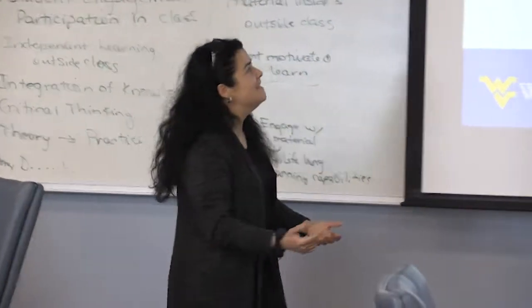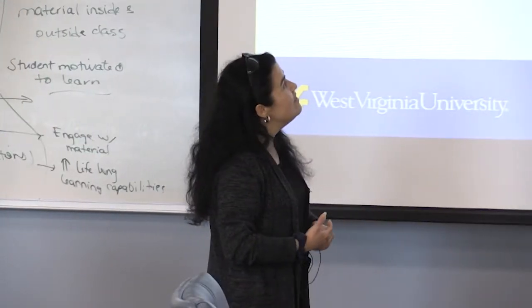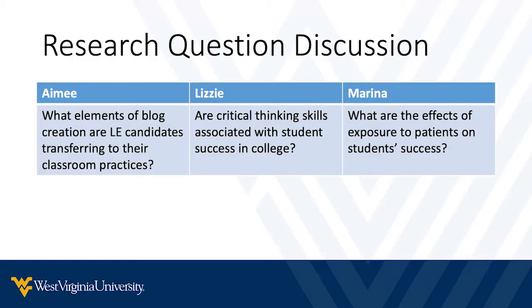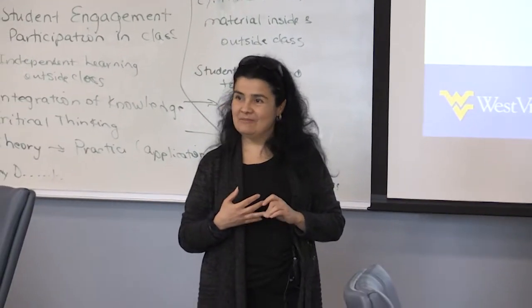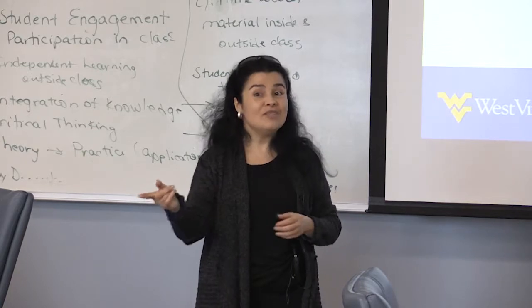Okay, I mentioned to you that I care about all these things in general, so mine is related to critical thinking. I wrote here: are critical thinking skills associated with student success in college? What do you think about this question? It's also not specific.